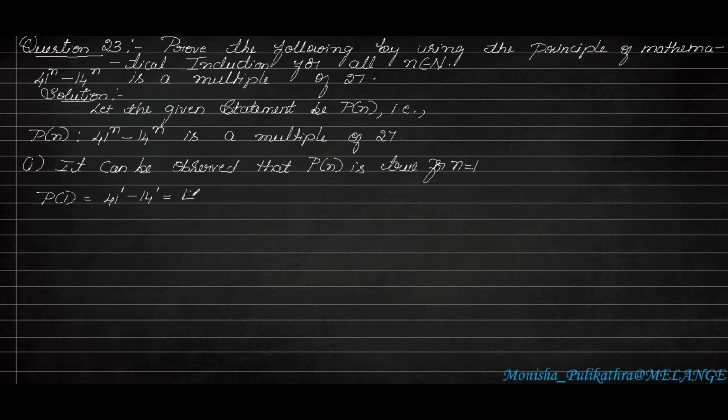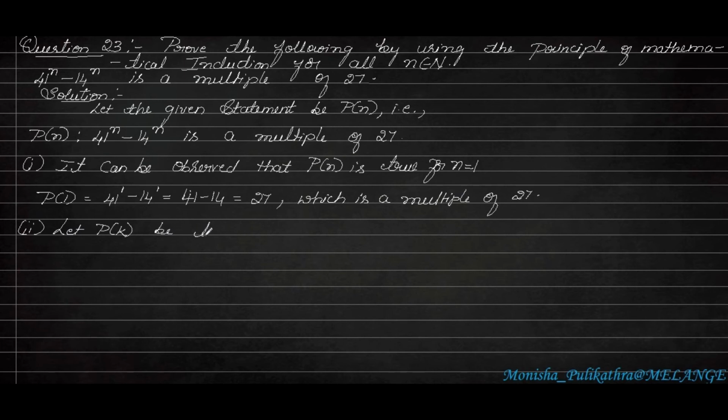So this will be 41 minus 14, which is nothing but 27. And this 27 is a multiple of 27 itself. Okay.